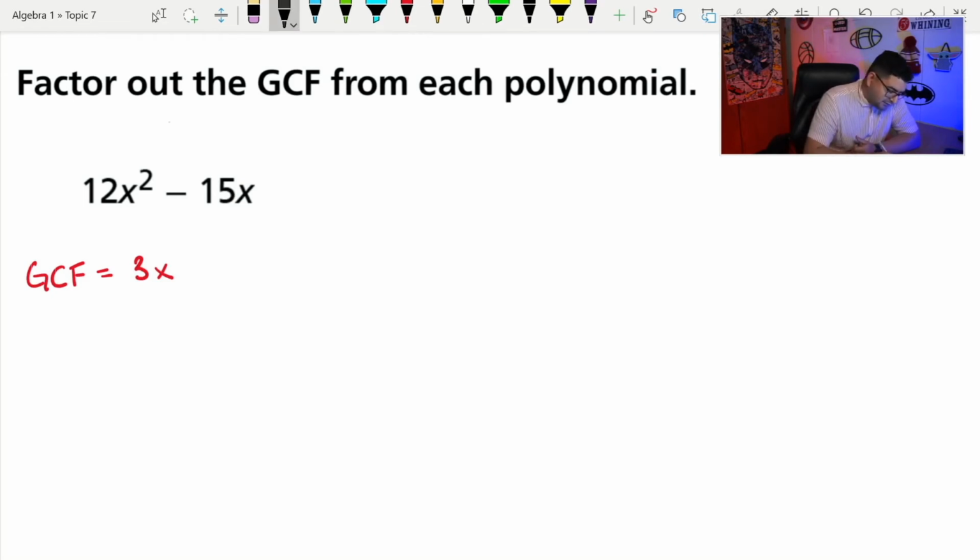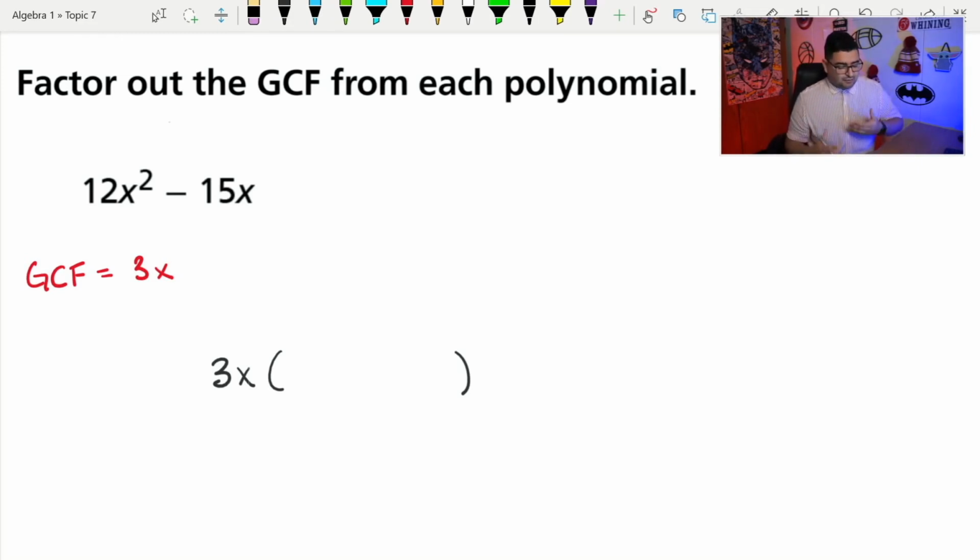So what I'm trying to do is I want to see 3x can multiply by what and get me 12x squared minus 15x. Or better yet, we can divide this by 3x to find out what needs to go in those parentheses. Depending on how your mind works, you're going to have to decide which one's best for you.